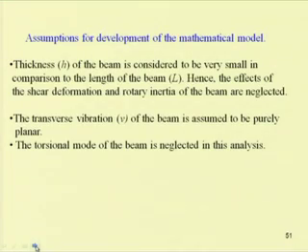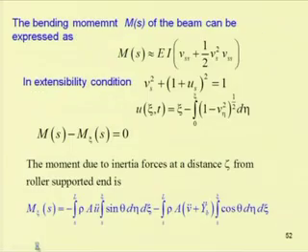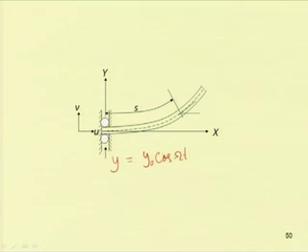In this case, one can take these assumptions: you can assume this as an Euler-Bernoulli beam and derive the equation of motion. By using Newton's second law, one can write the bending moment equal to EI. This is nonlinear, assuming large deflection or moderately large deflection.